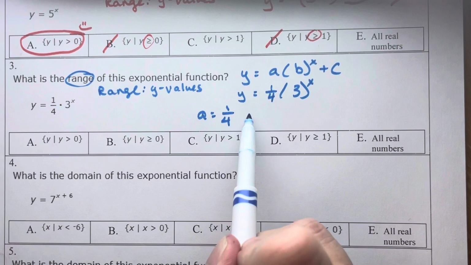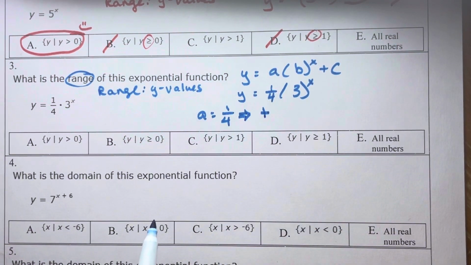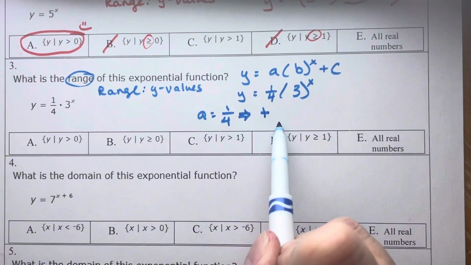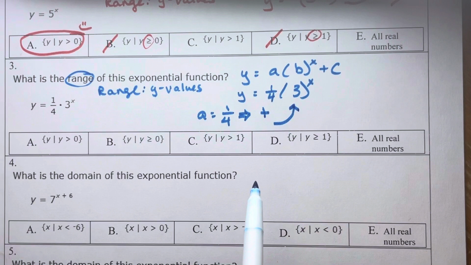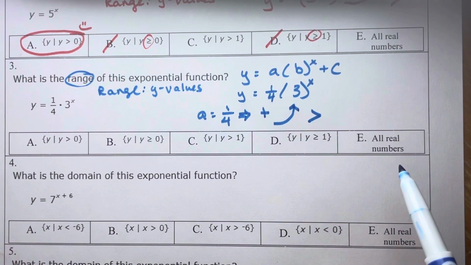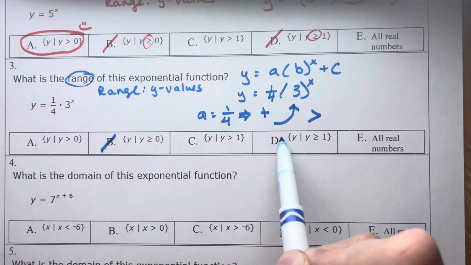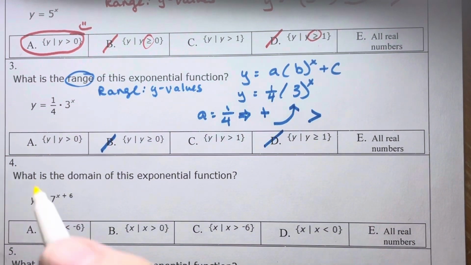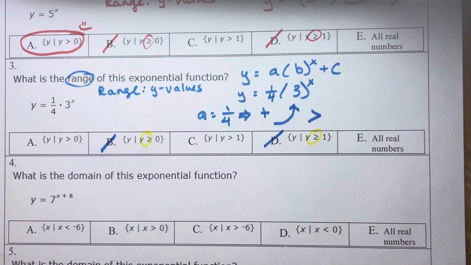And since 1/4 is a positive number, that means our exponential function is going to travel moving upward. So we are going to have a greater than symbol, and we know from our asymptotes that we are not allowed to have a greater than or equal to, which takes care of answer options B and D.